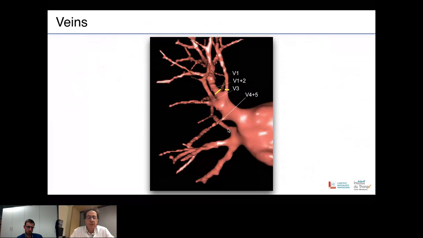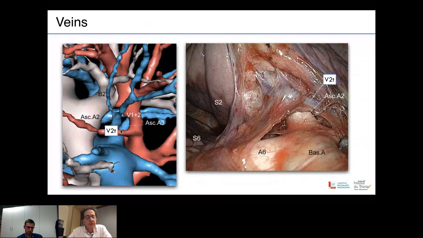Regarding the veins, you have the central vein in the fissure that you have to control, and of course respect V3. You know this vein called V2 transversal that hides the view on the ascending A2, and you have to control it.